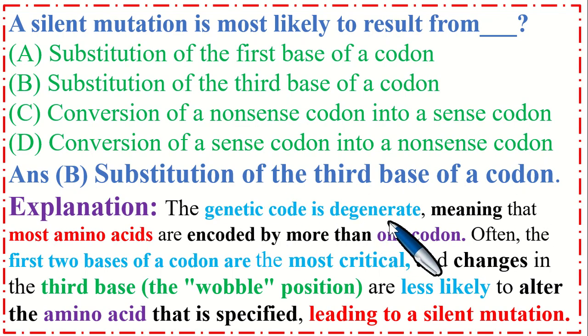The genetic code is degenerate, meaning that most amino acids are encoded by more than one codon. Often, the first two bases of a codon are most critical, and changes in the third base, the wobble position, are less likely to alter the amino acid that is specified, leading to a silent mutation.